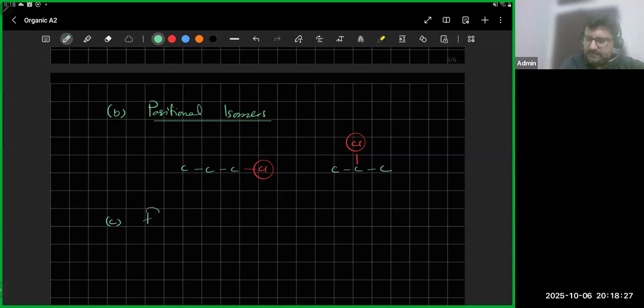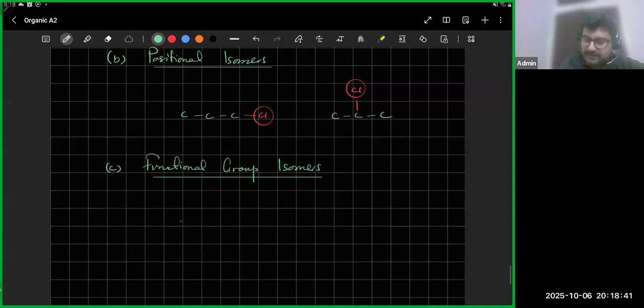functional group isomers. So what happens in functional group isomers is that the functional group changes.